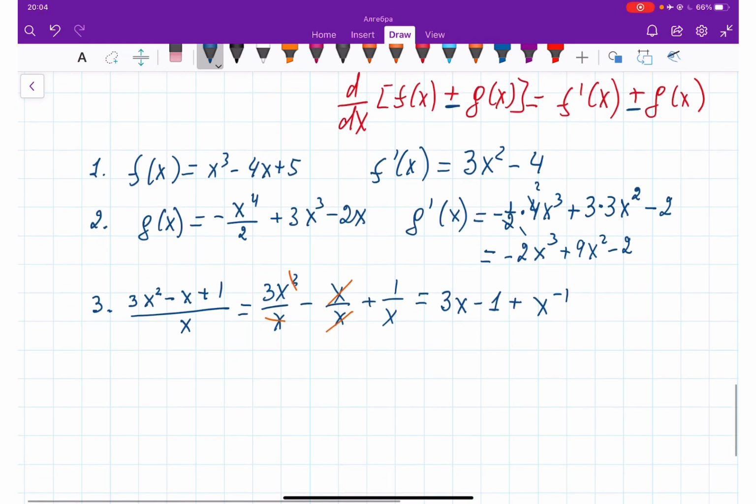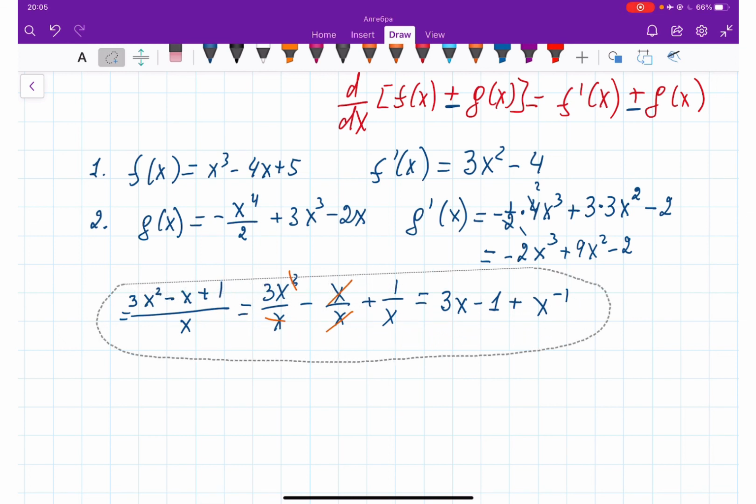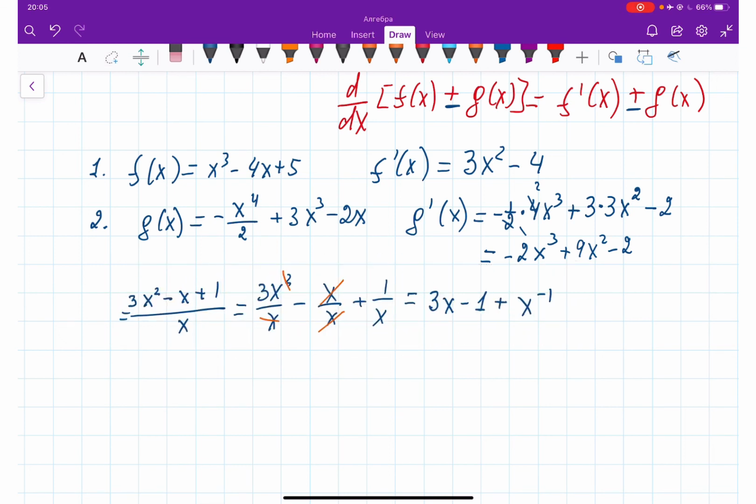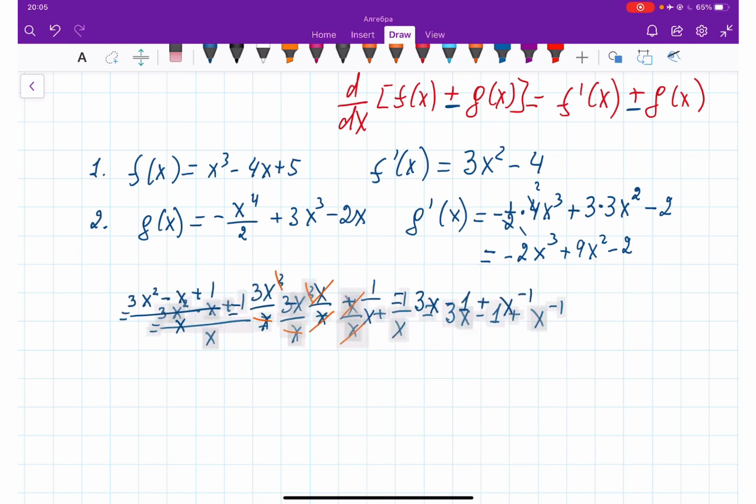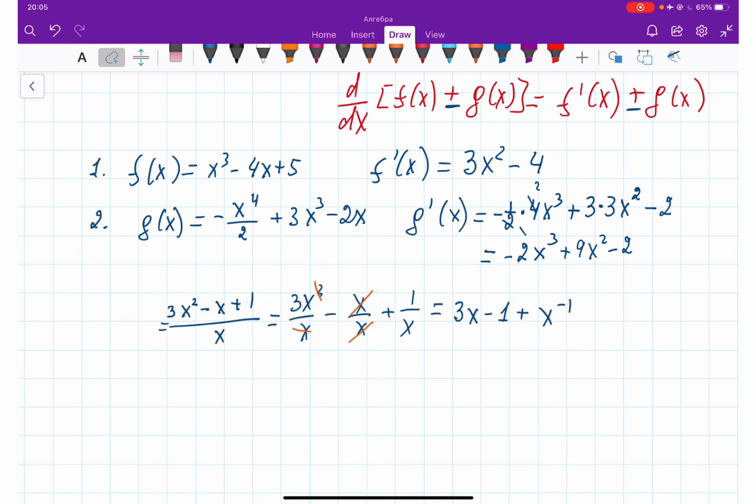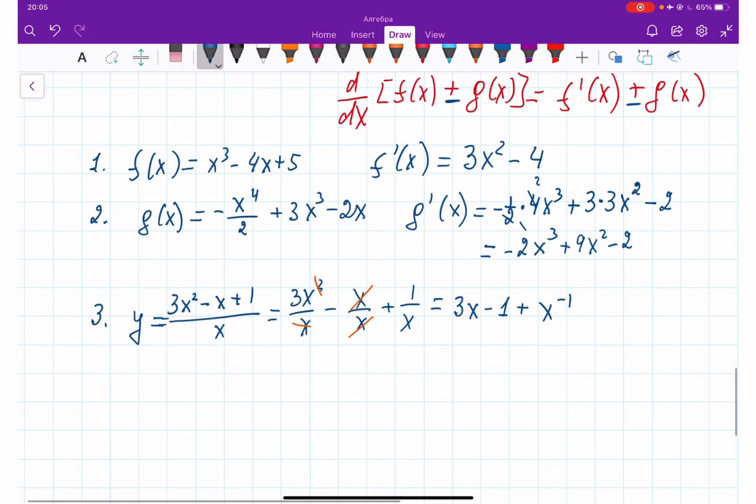So therefore, this is equal y. Let's do this. This 3 also, I'll fix it. We are good.